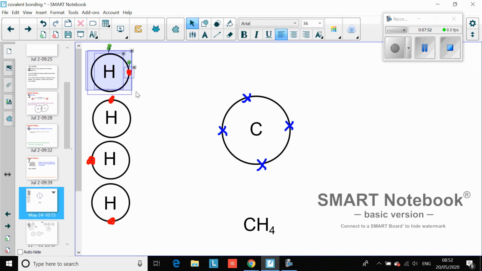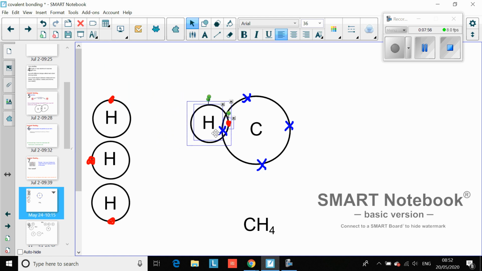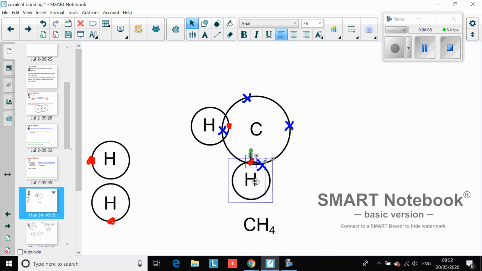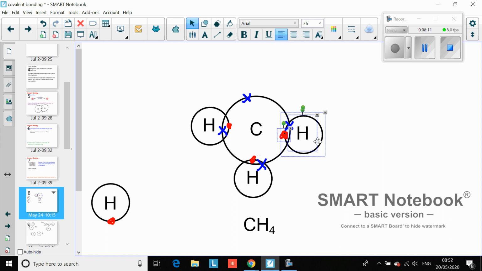We take our first hydrogen and it forms an overlap just there, like that. Our second hydrogen, there, like that. Our third hydrogen, like that.